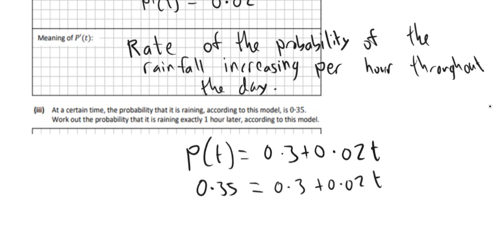So if you move over the 0.3 to the other side and subtract it, it's the same as algebra, just rules of algebra now. We get 0.05 is equal to 0.02t, and then if we just divide the 0.02 in, so just using the calculator, what did we get?